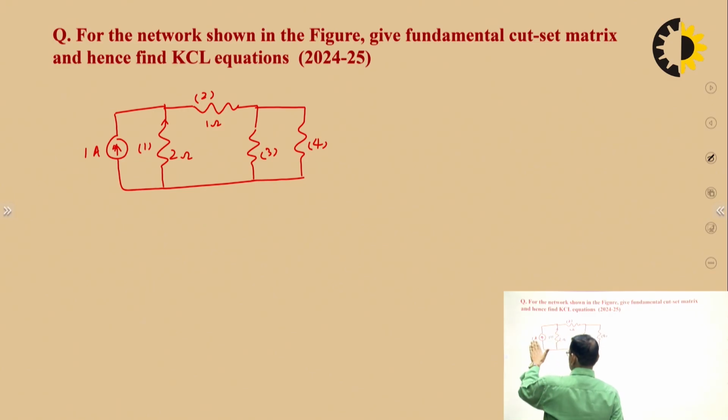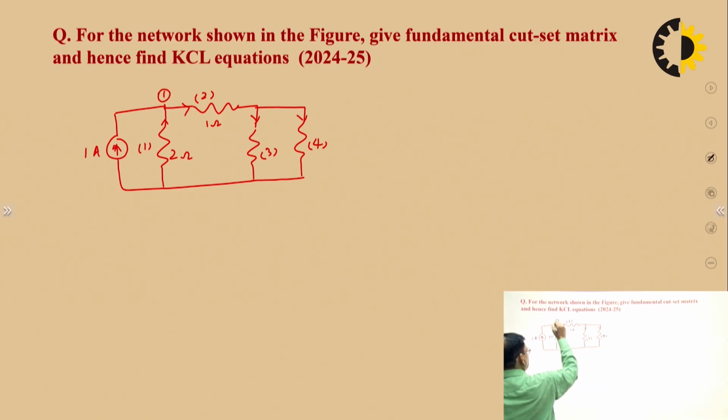So this current source accompanies this branch, so direction of this branch will be like this. Then we can orient these branches this way and this way, and we can mark the number of nodes. So number of nodes will be 1, 2, and we have the one reference node, say 3, reference node 3.